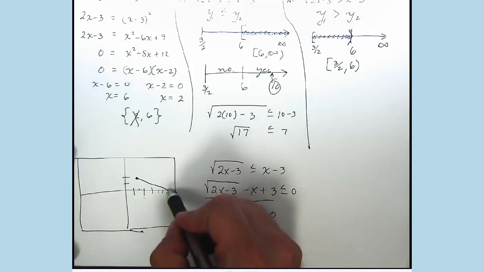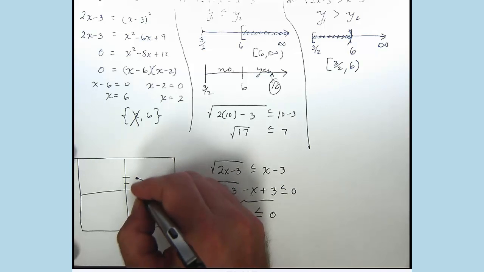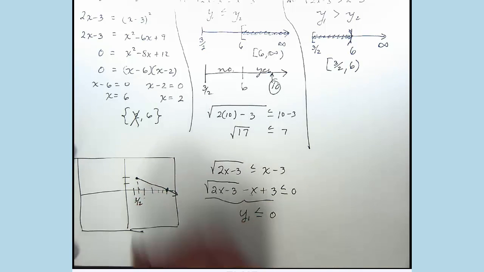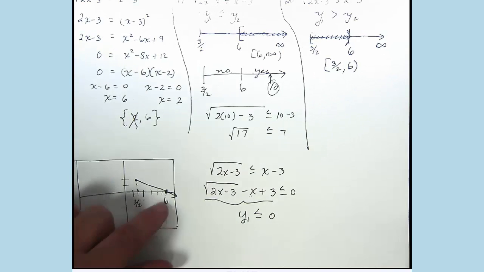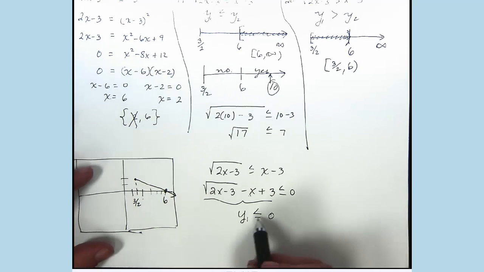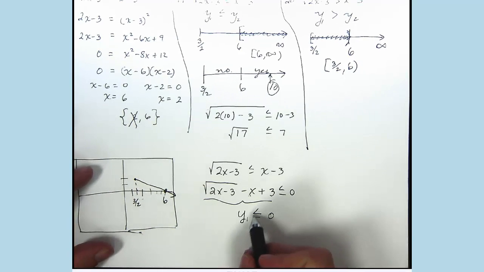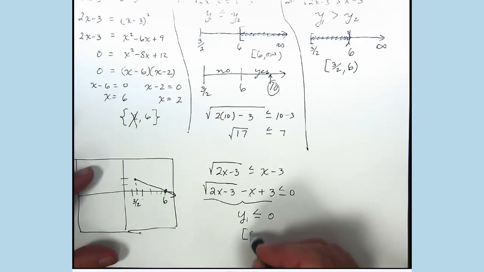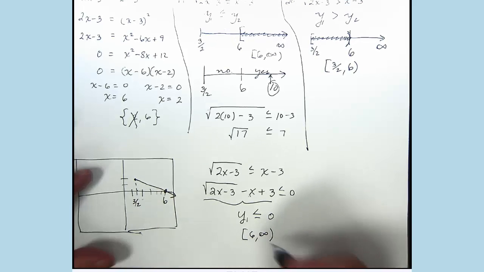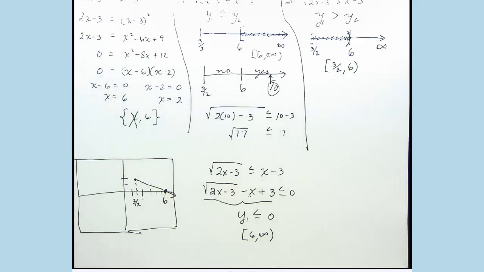But before 3/2, you would see nothing. From 3/2 to 6 it would be positive. Here we're looking for where it's below 0, so that's after 6, below or equal to 0, so it would be 6 to infinity. I'm sorry I don't have my graphing calculator on me, or I would actually show you how to do this. But there you go.